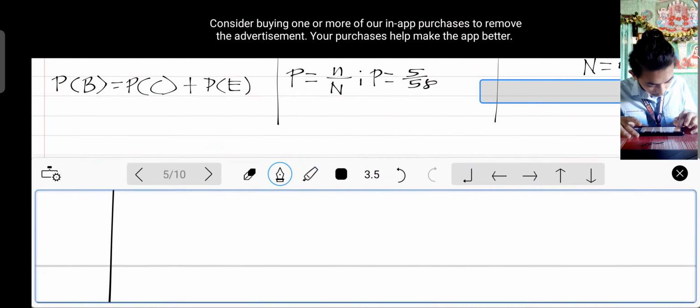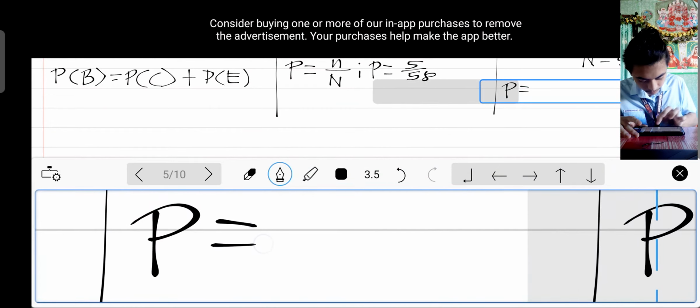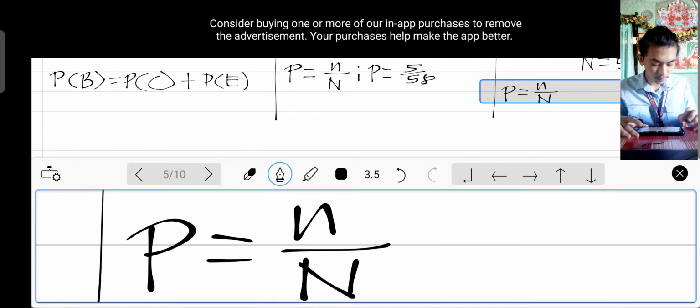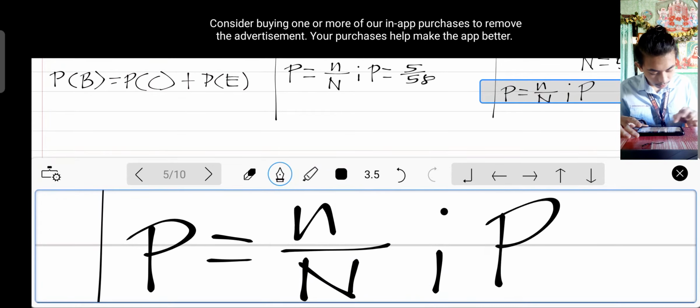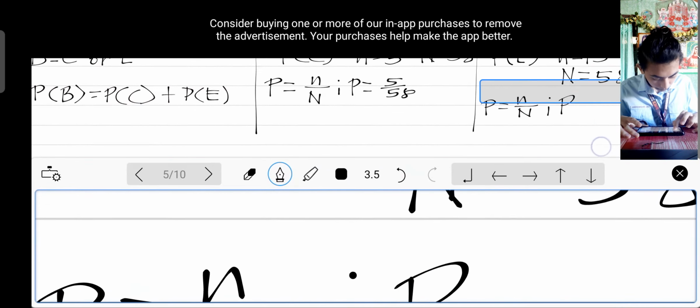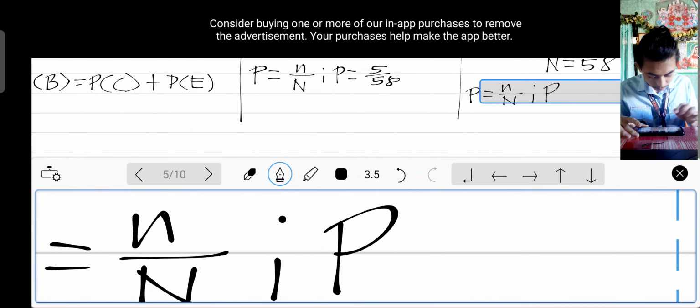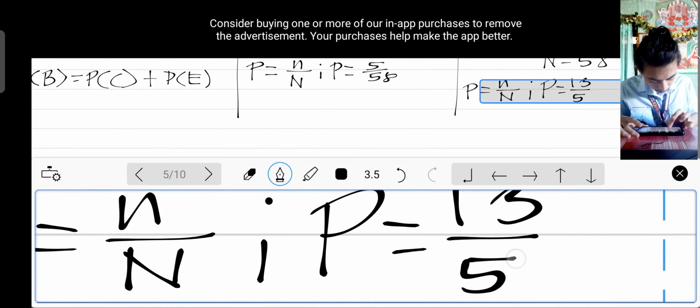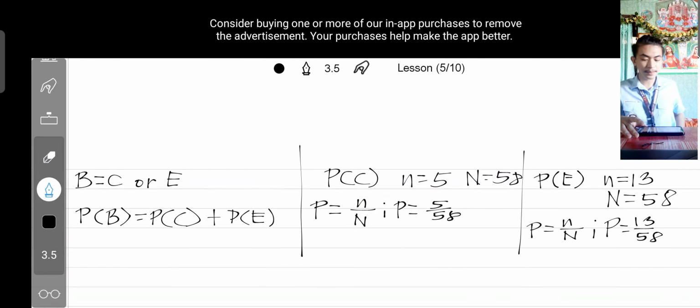The probability is equal to small letter n over big letter N. The probability of getting an electrical engineering student is equal to 13 over 58.